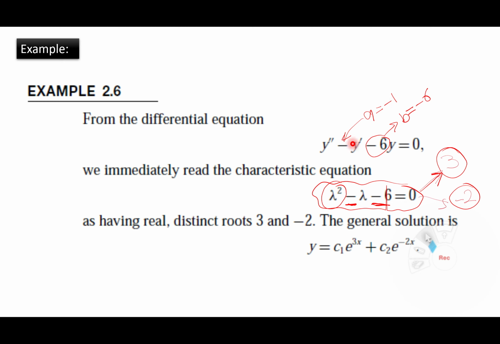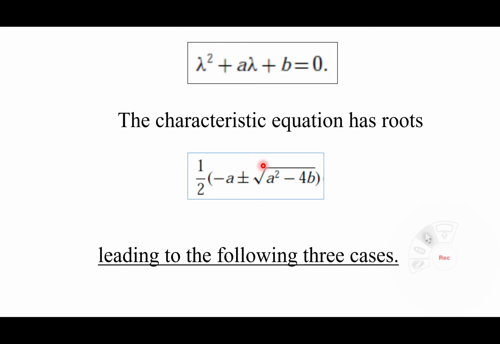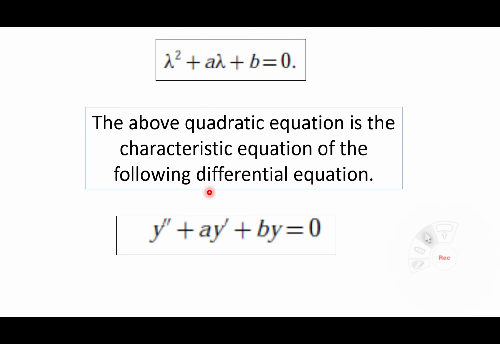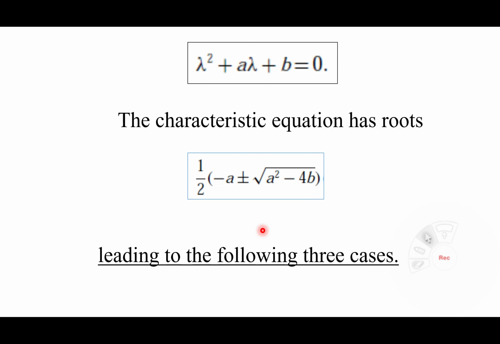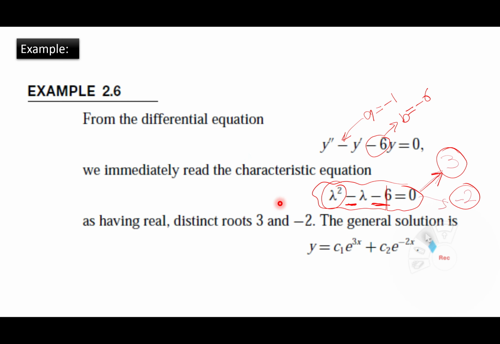Then if we go back to the main derivation that we have said, this is our differential equation: y double prime plus a times y prime plus b times y. We have a here, we have b here. So we put our characteristic equation as lambda squared with coefficient 1, plus a times lambda, plus the free number, which is b, equal to 0. This is actually what we have done here.